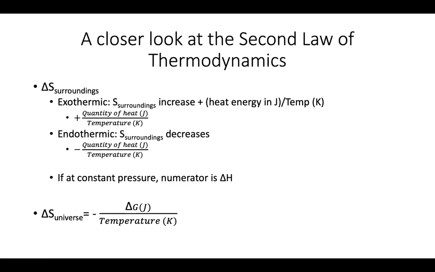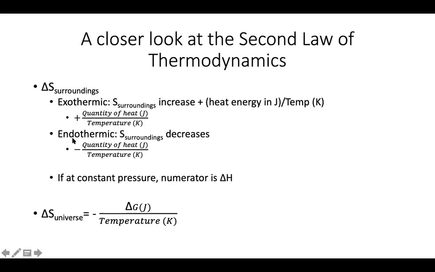Okay, so our surroundings in terms of entropy, if it's gaining heat from the system, we are going to have an increase in entropy. Okay, and the increase in entropy of the surroundings, again, it's going to be positive, but it's going to be equal to the quantity of heat in terms of joules divided by the temperature, right? That's the magnitude.